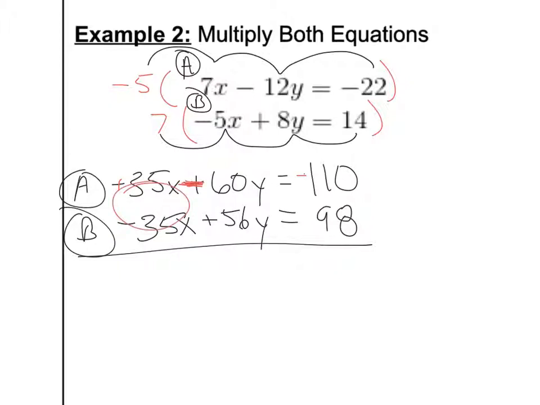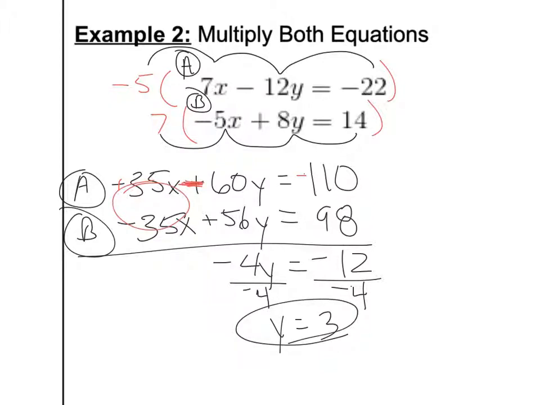Now we just work down: the negative 60 and the positive 56 is a negative 4y equals, now we take negative 110 plus 98. And that gives me negative 12 divided by negative 4, y equals 3. So there's your y value.